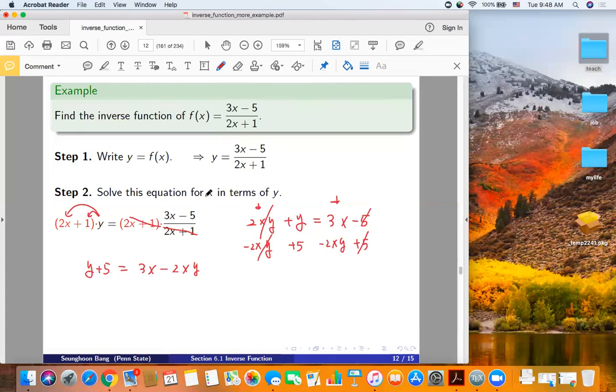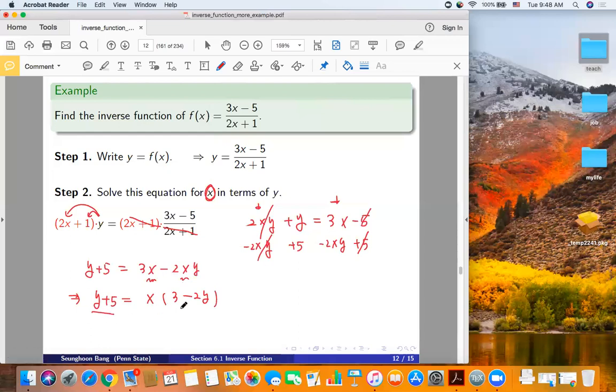The next, solve for x. So you factor out x from the right side. This is exactly the same as y plus 5 equals x times 3 minus 2y.